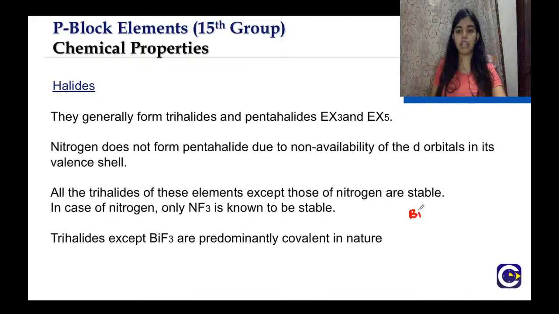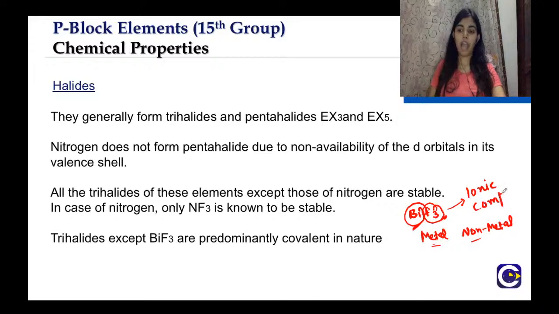So here, let us say BiF3. This is a metal, right, and this is a pure non-metal, right? Fluorine has a very high electronegativity, while bismuth does not have high electronegativity because it is a metal in nature. We already know that generally if a metal and a non-metal combine, with a considerable electronegativity difference, that will form an ionic compound, right?